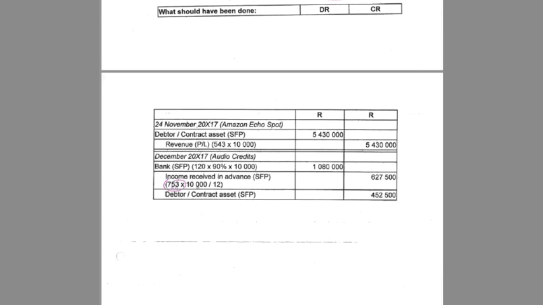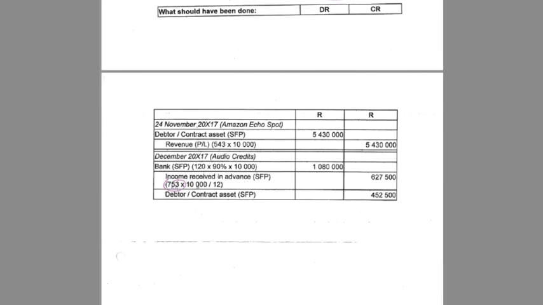Now, you could probably argue both ways, and we would have marked both of them. Both of them, in any case, affect your trade and other receivables, which is the line item in which it was included. If we had asked the journals, could have probably argued both ways. The one way is to say, but I am only waiting for time to pass for the Amazon Echo Spot because I did what I had to do.